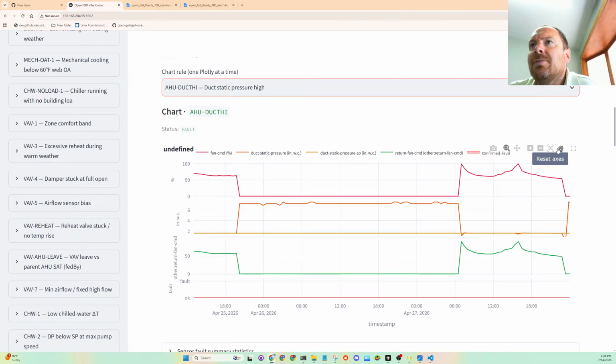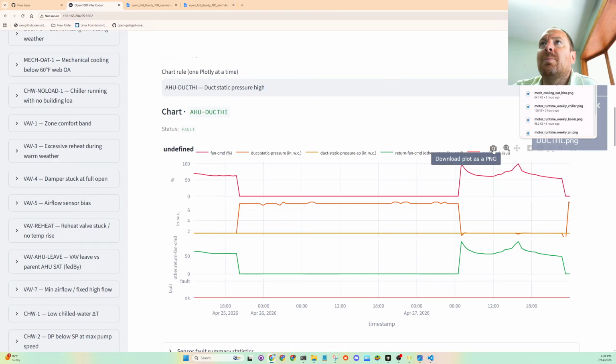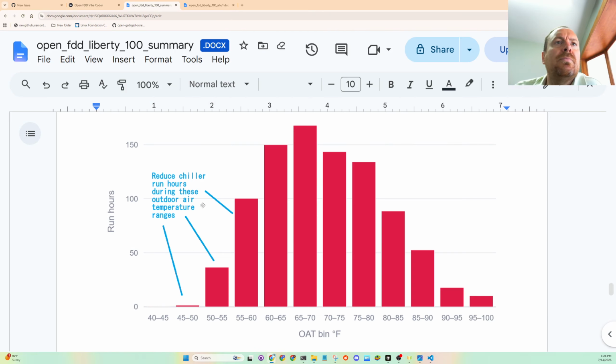Okay, so I'm going to download this and probably call it a day here, guys. So I'm just going to send them this: reducing chiller run hours, which I think is directly related to my own hunch here that the economizer dampers are locked out, broken, abandoned.